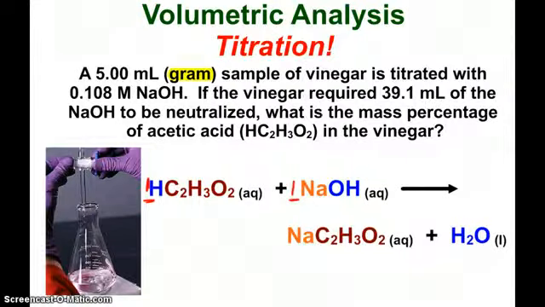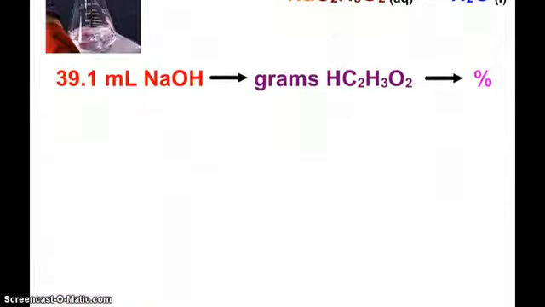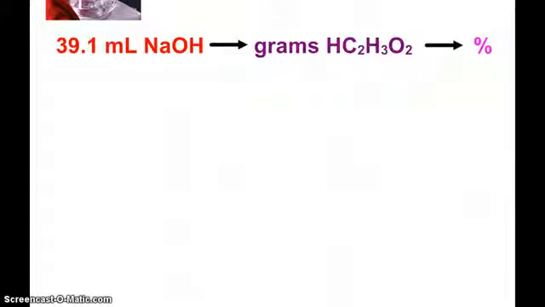So that'll be important. Our plan of attack is essentially to take that 39.1 milliliters of sodium hydroxide used to titrate and get that to turn into grams of acetic acid, which we can then use to find the percent in our vinegar sample. So I will start with my volume of sodium hydroxide.